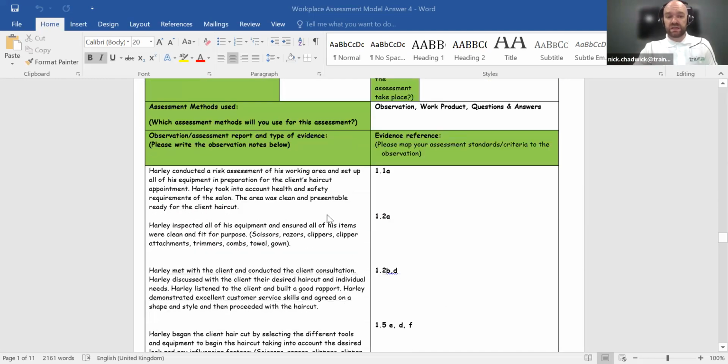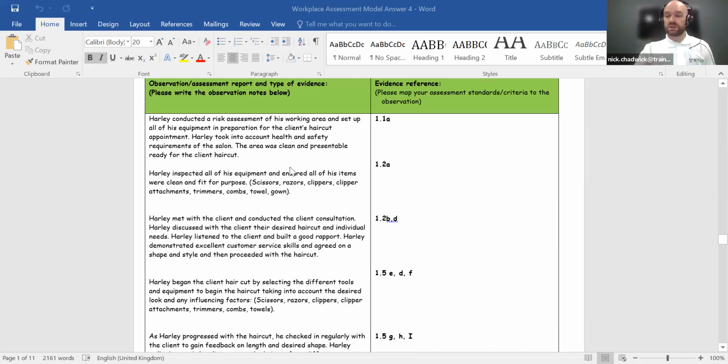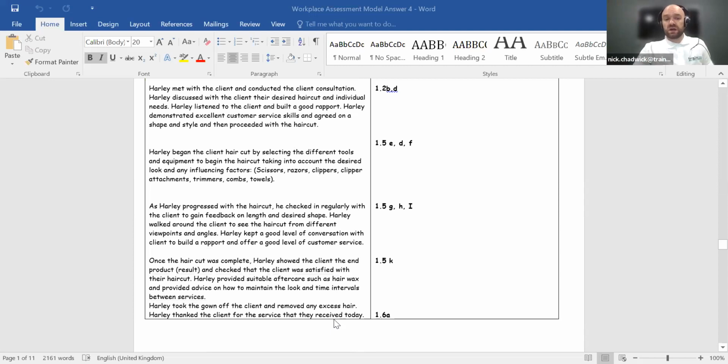Okay, so as we can see here, we've got the observation report. So this is me observing Harley interact with the customer, to see him using a range of different barbering, hairdressing equipment, and I'm mapping what I observe to my criteria and standards there. So as we can see, we have a number of letters, and in terms of the actual assessment itself, I have written the start all the way to the end of the actual haircut, and I've seen Harley demonstrate excellent customer service.